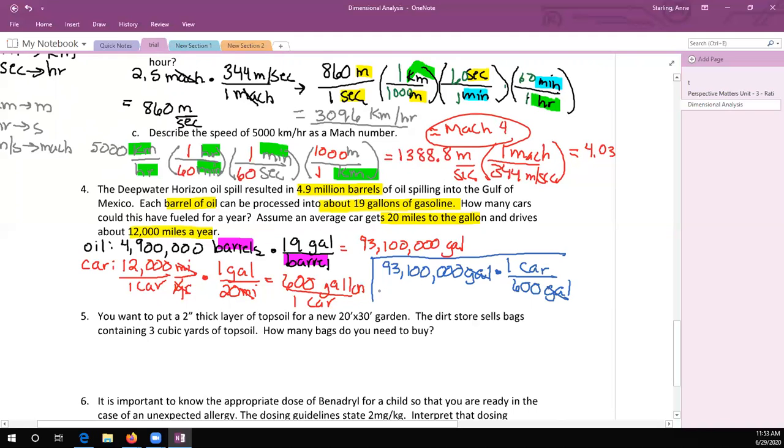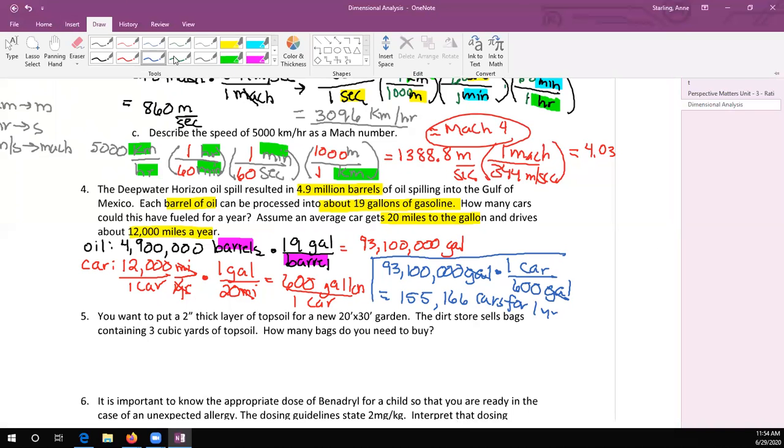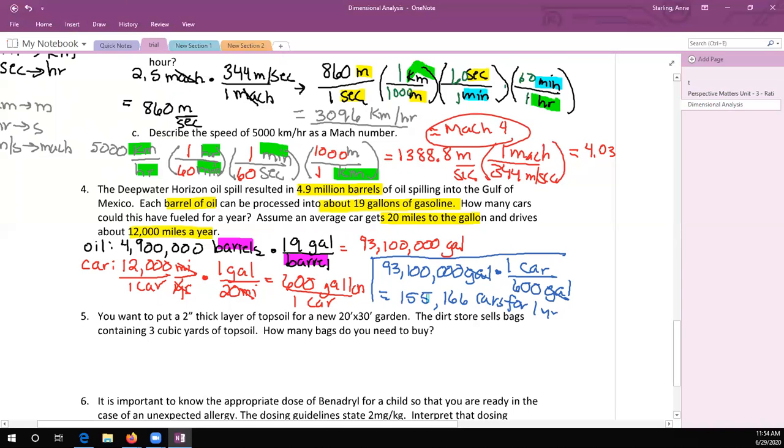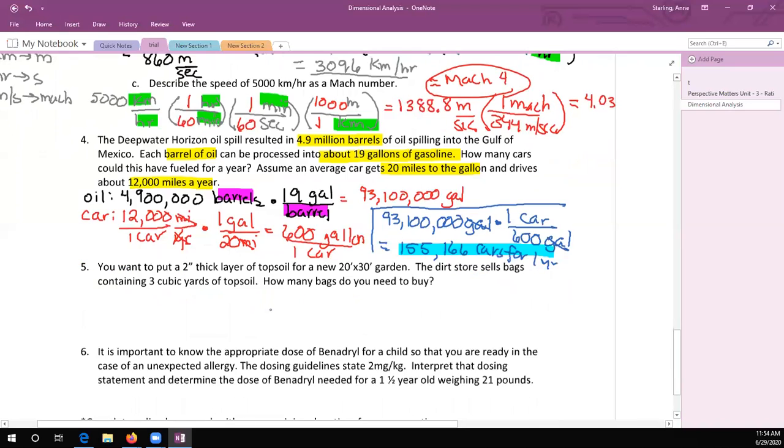So we end up with, we could have fueled a total of 155,166 cars for a year with what spilled. If that doesn't quite make sense, walk through it again and think about how you would do miles per gallon with your car.